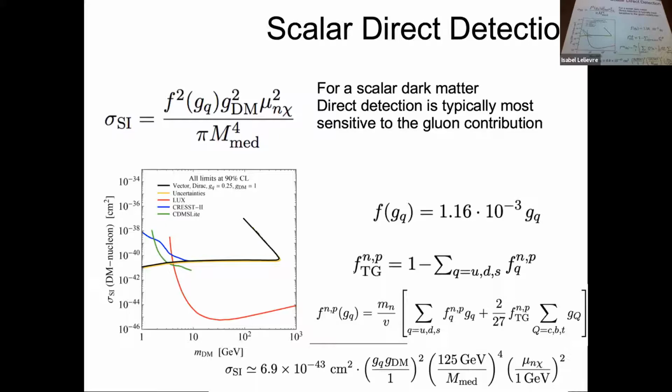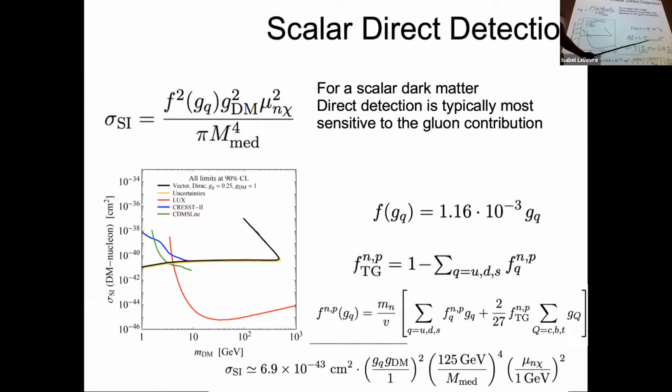So you get an EFT coupling to this guy, and it's probably a good exercise, if you want to, to derive this formula and get these prefactors. So you'll have a form for the prefactors for the quarks. The form for this guy is given by the mass of the neutron over the Higgs vev, times a prefactor for the quarks, which is a function of the quark content, and the Wilson coefficient for gluons.